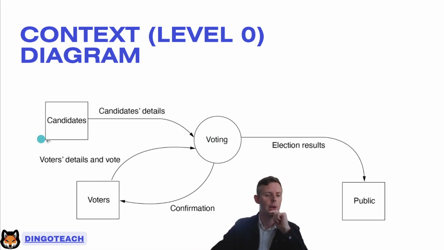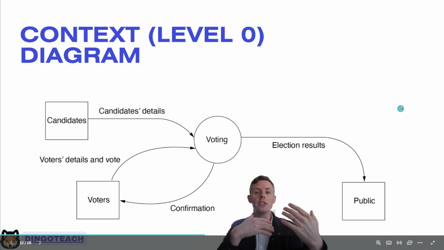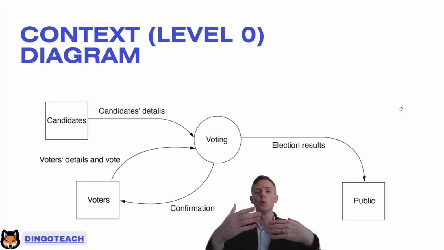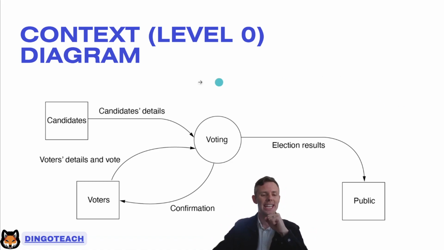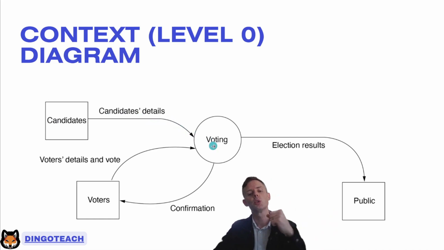Then you have the rectangles or the squares on the outside, which are essentially the users or anyone that you would interact with. So we've got the candidates for our voting system and their details. As you can see, if you follow our data flow line down and in, the arrowheads are very important, by the way. Make sure they're pointing the right direction. That indicates that the candidates are sending inputs into our voting system.